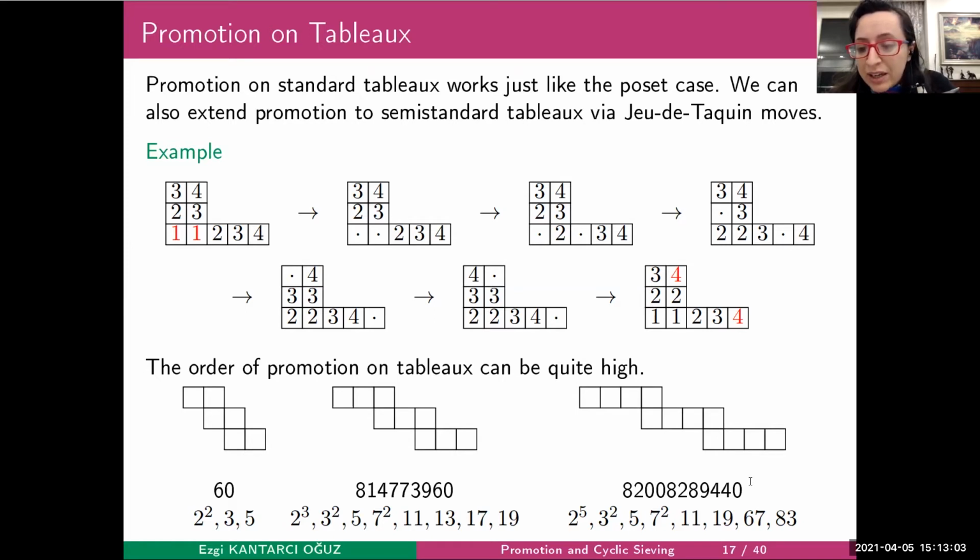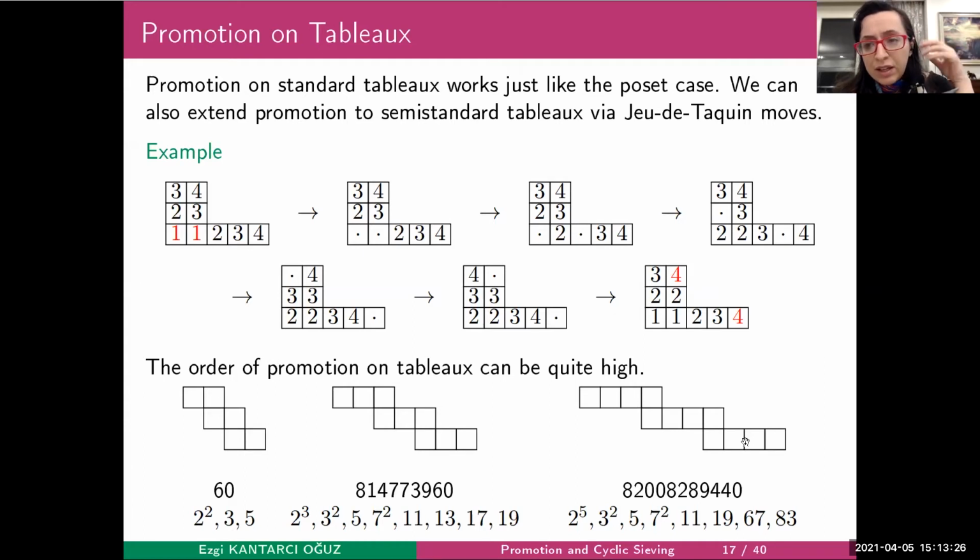You get very large primes like 82, which means if we deal with this shape of 12 boxes, you'll get some 83 or larger cycle involved. So it is not always easy to work with promotion on Tableau.